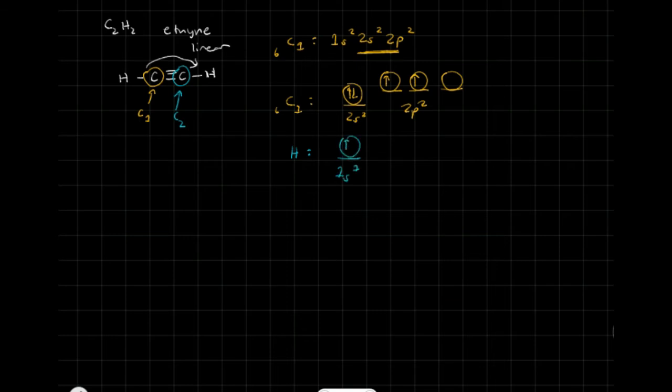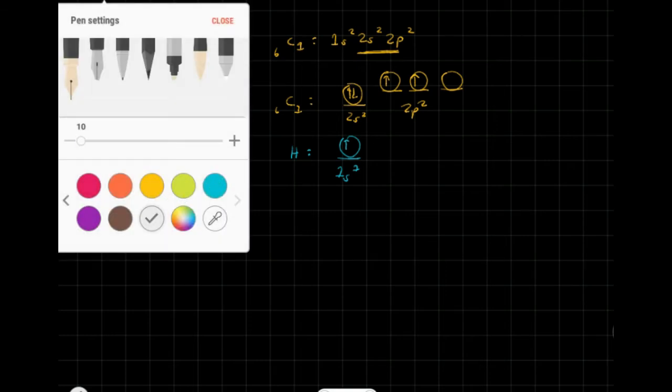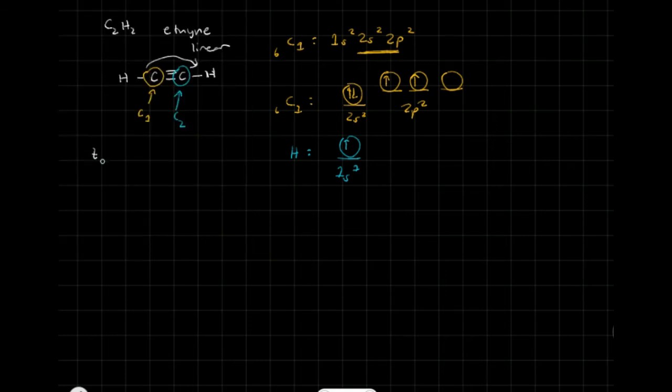Now, because there's a triple bond, and triple bonds consist of one sigma bond and two pi bonds. We know that to create a sigma bond, you need a half-filled orbital for the central atom.